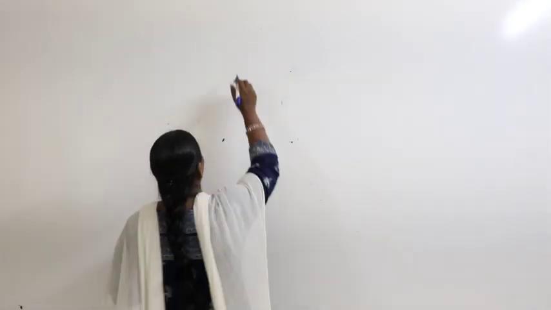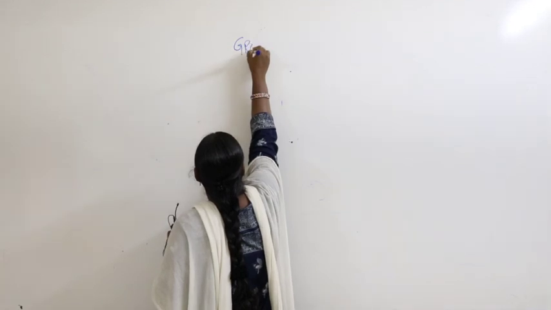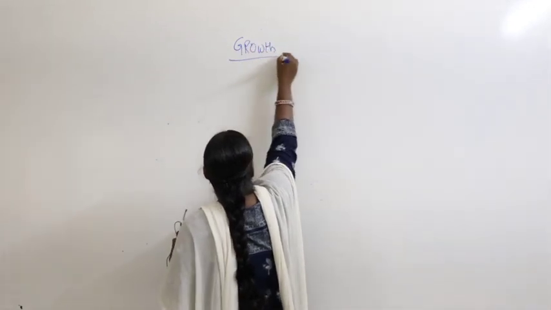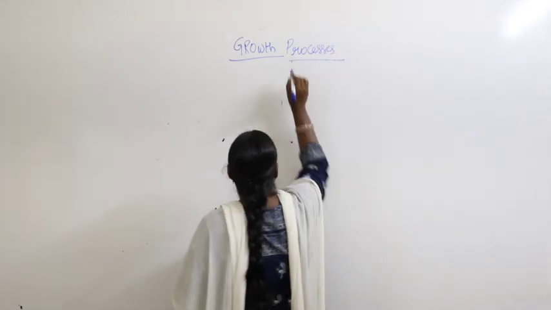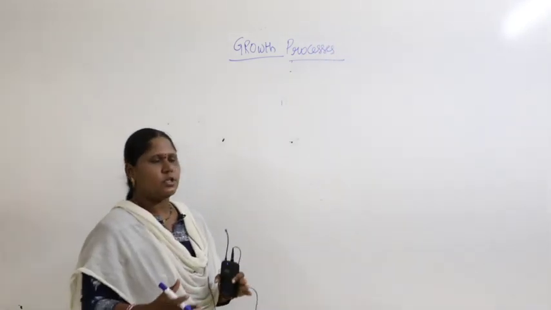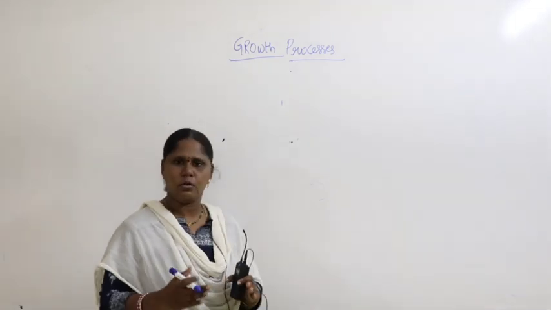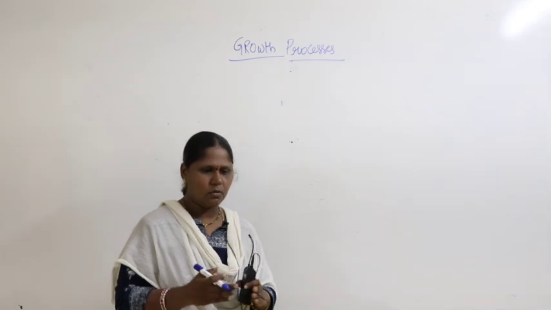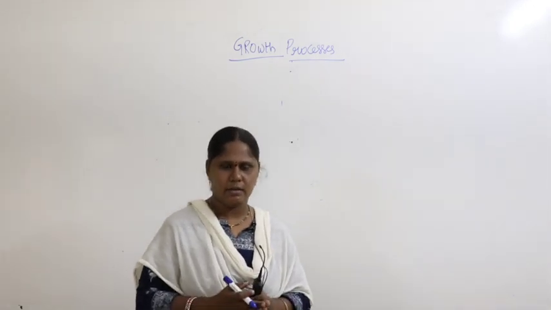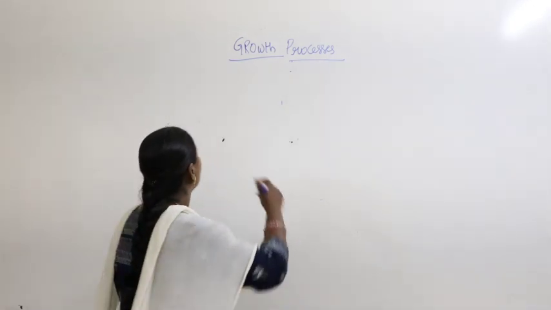Now let us discuss growth processes. What are the processes which are involved in the phenomenon called growth? Generally the growth processes can be divided into 3 categories. Let us take all 3 categories.